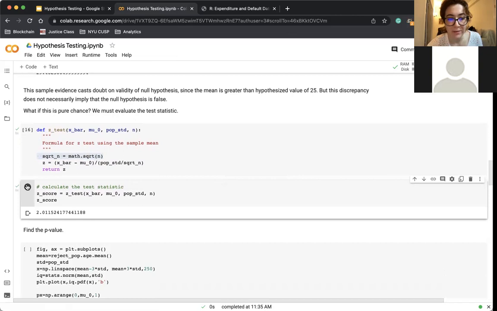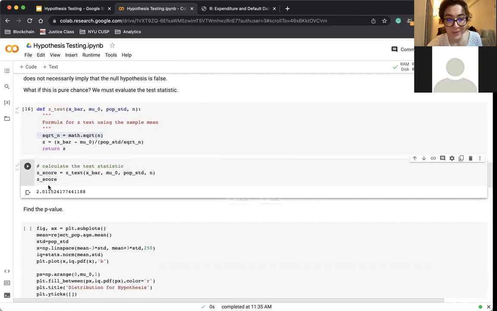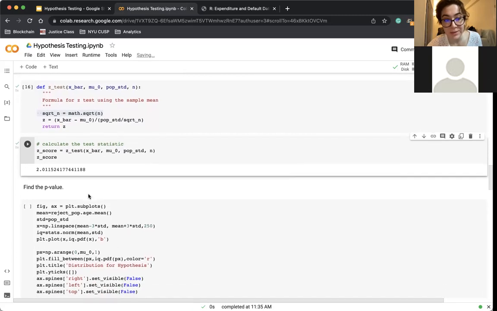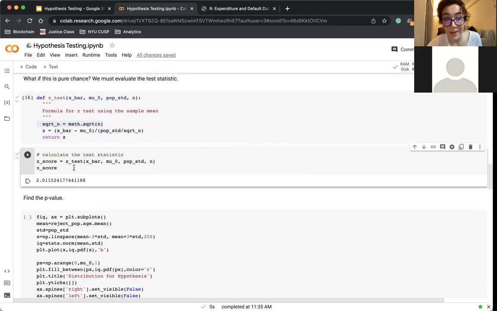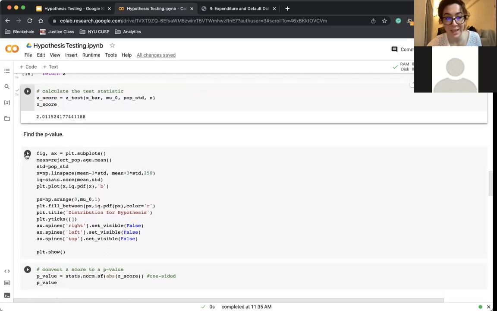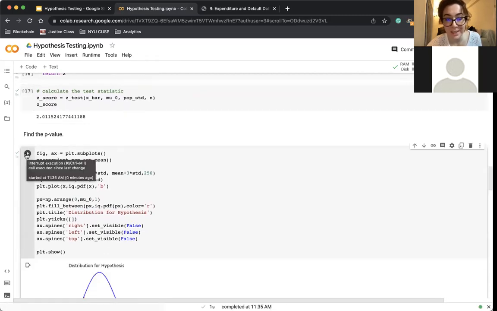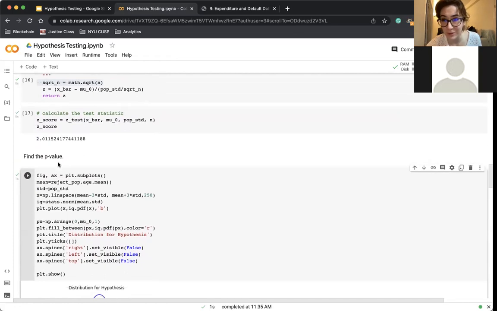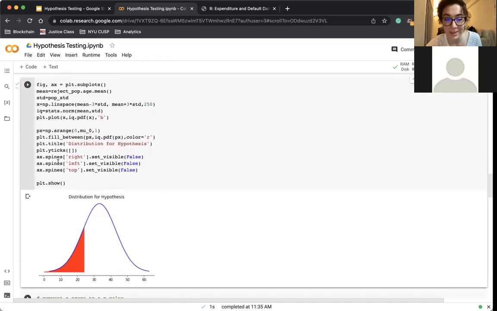So now we have this z-score to show that this was 2 standard deviations away. But is this significant enough to say that there is reason to reject the null hypothesis and say that folks under 25 are more likely to get rejected?